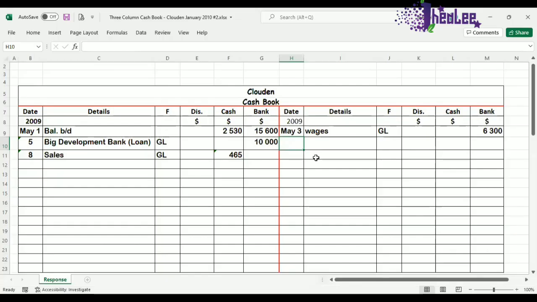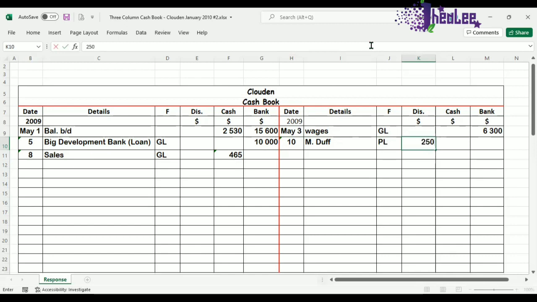On the payment side, because we made a payment, that is May 10th, the payment was made to MDOF. The folio, because we're making a payment to MDOF, definitely this is a creditor. Creditors' accounts are located in the purchases ledger. The discount, we have to indicate that, and that is $250.